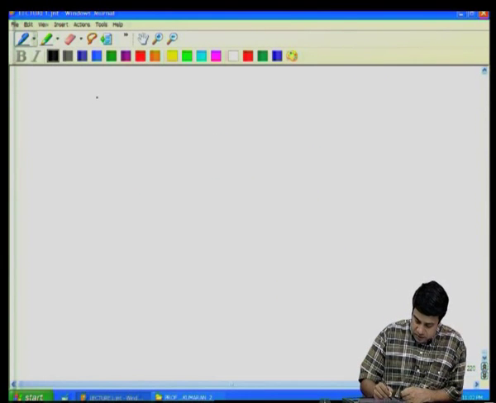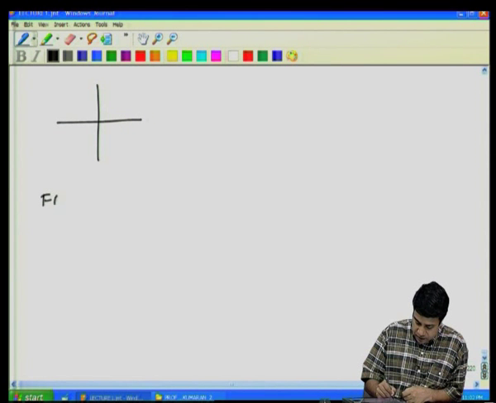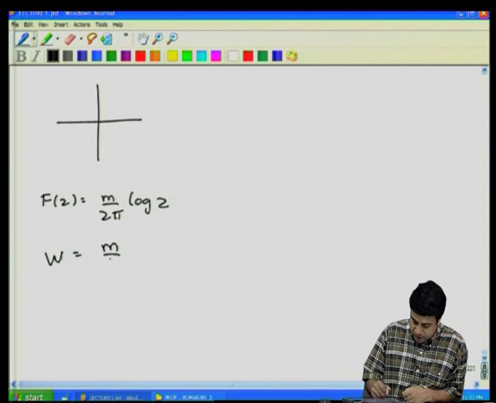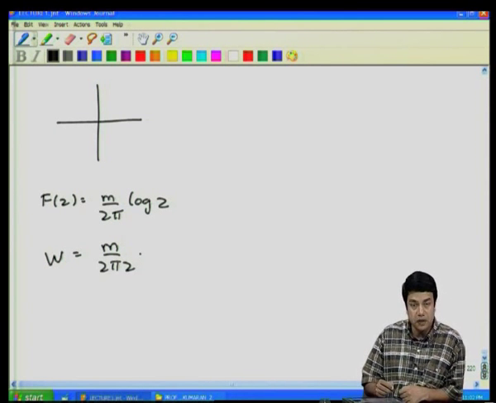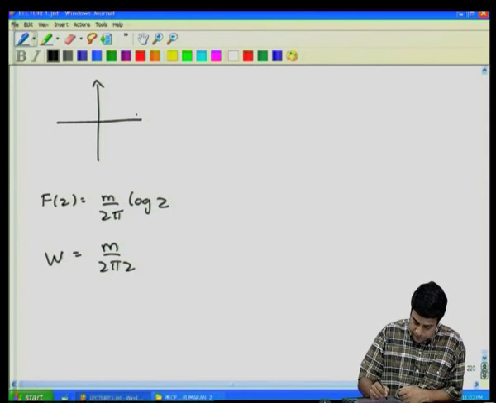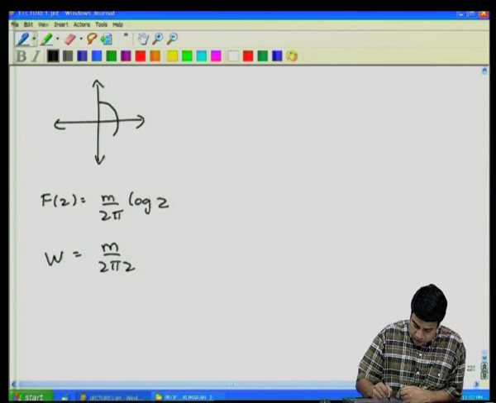Next, we looked at two specific forms. Okay. One was f of z equal to m by 2 pi log z, in which case w was equal to m by 2 pi z, and that corresponded to a flow that was radially outward.